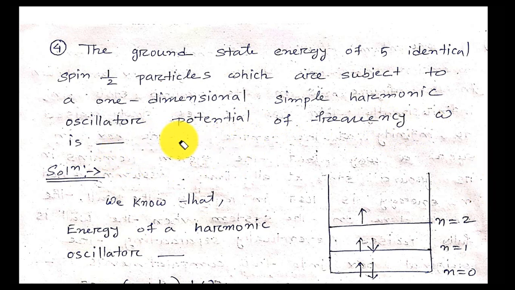So in this question, 5 identical spin half particles are confined in a one-dimensional simple harmonic oscillator potential of frequency omega, and we need to find the ground state energy.